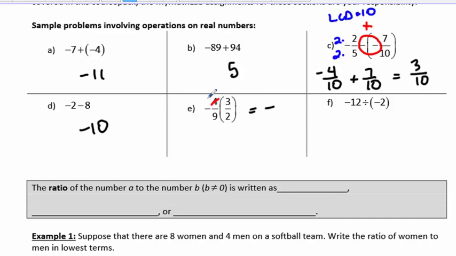So 2 goes into 4 twice, 2 goes into 2 once, 3 goes into 3 once, 3 goes into 9 3 times. So I come out with a -2/3. Don't forget the negative. One negative in a multiplication problem means negative. Two negatives in a multiplication or division problem means positive. So -12 divided by -2 will be +6.